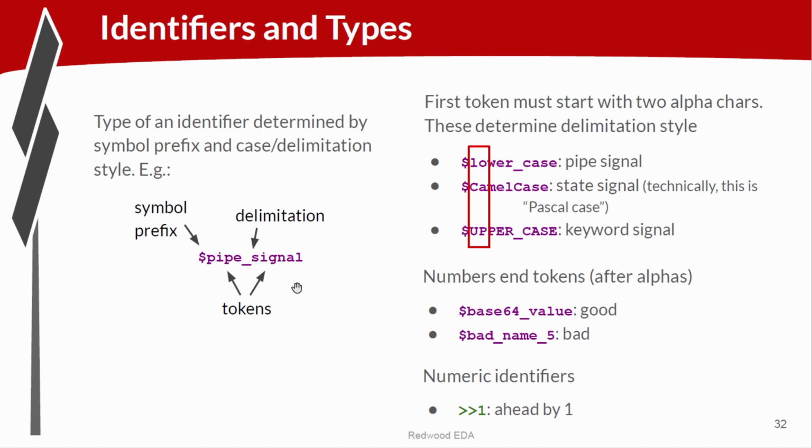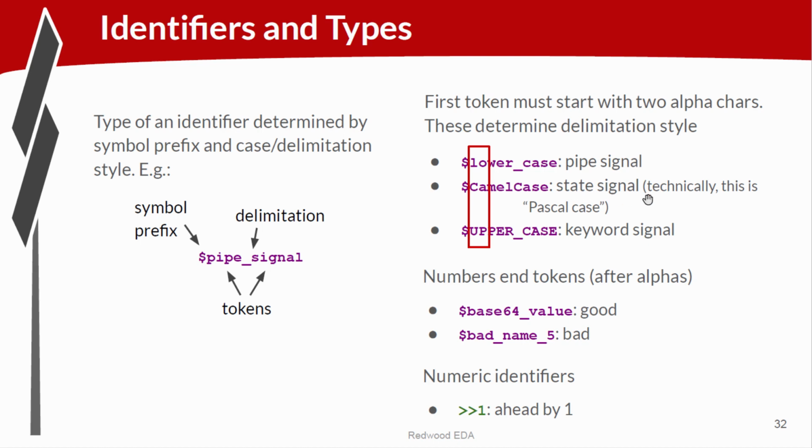So these identifiers can have basically three different styles for the delimitation or the casing. There's the lowercase syntax that's used for pipe signals, and that has underscore delimitation. There's camel case, or strictly speaking this would be called Pascal case, because every token starts with an uppercase, even the first one. And in TL Verilog, when you're using camel case delimitation, instead of being a pipe signal, it's a state signal.